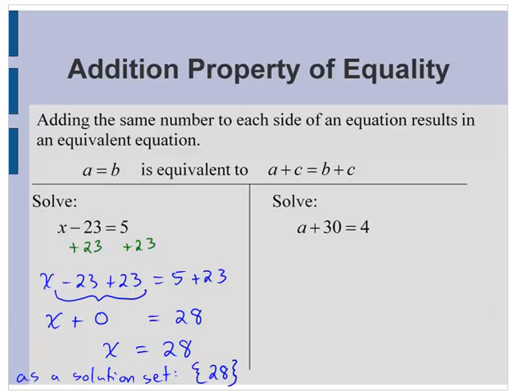Similarly, for the second example, a plus 30 equals 4, we could add negative 30. Now, you might not like that, because you might have seen somewhere in the past that we just subtract. Well, I did just subtract, because subtraction is the same as addition of the opposite. Subtracting 30 is the same as adding negative 30. So if we're more comfortable with that, I'll go ahead and subtract 30 instead from both sides.